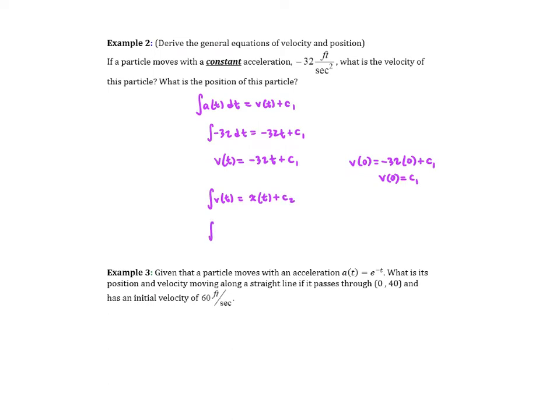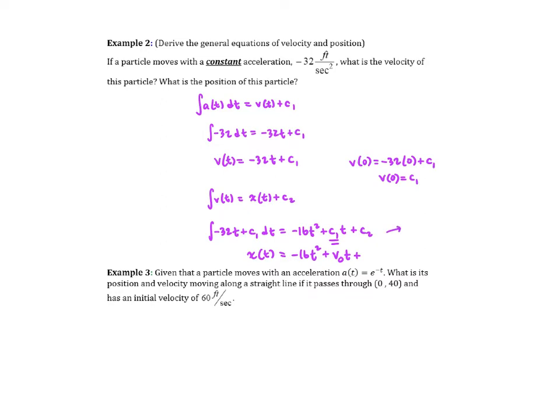So the integral of v of t is the integral of negative 32t plus c1 with respect to t, which would give us negative 16t squared plus c1 times t plus c2. Therefore, we could say that our position is equal to negative 16t squared plus, recall that c1 is actually equal to v sub 0, or v of 0, which we'd call the initial velocity, plus c2.